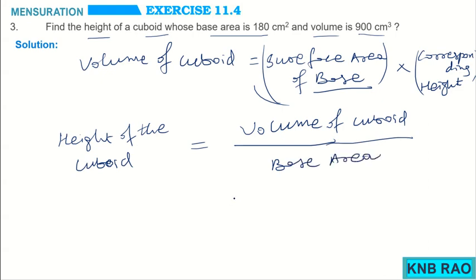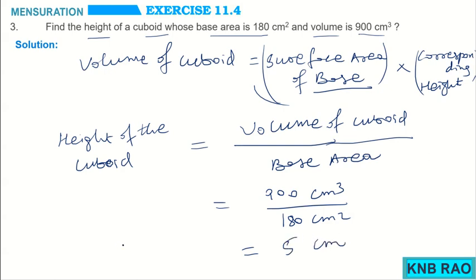So, if I divide volume, that is 900 centimeter cube, by base area 180 centimeter square, I will get the height of the cuboid, where 180 5s are 900. So, 5 centimeter is the result. Therefore, height of the cuboid is 5 centimeter. This much simple, it can be solved. Now, moving on to the question number 4.